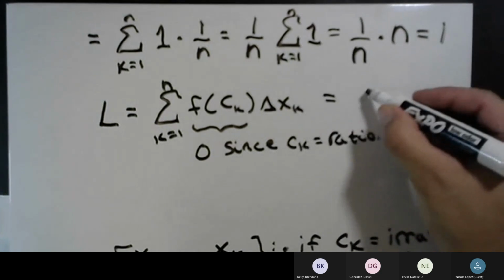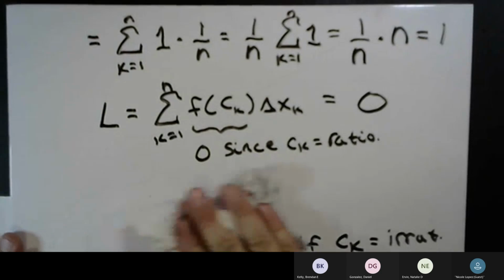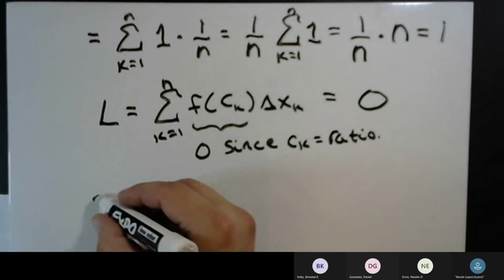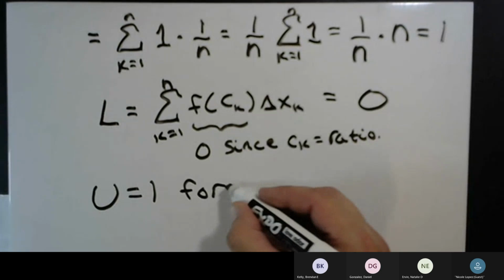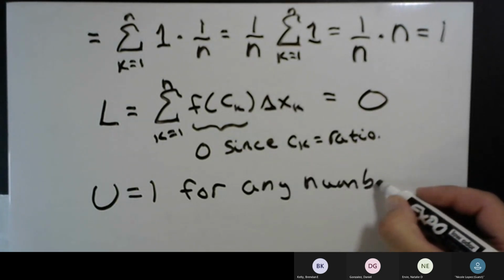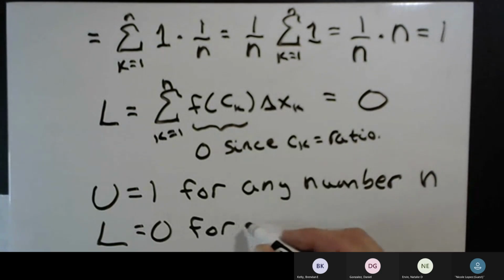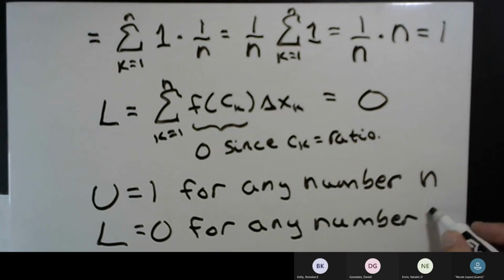And since we're multiplying by 0, we're just going to get 0. So what we get is the upper sum equals 1 for any number n, and then the lower sum L is going to be 0 for any number n.